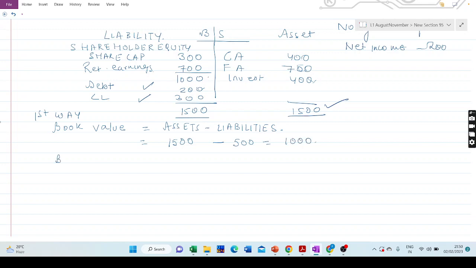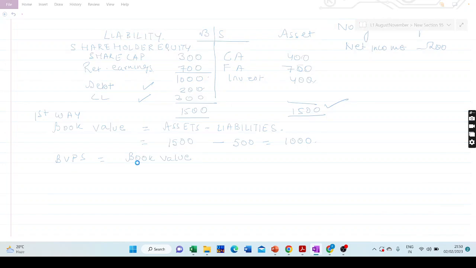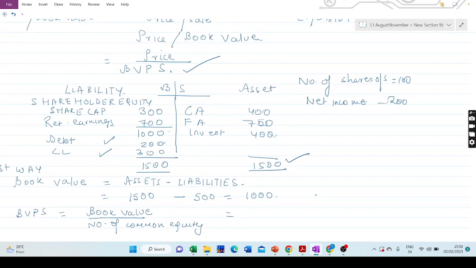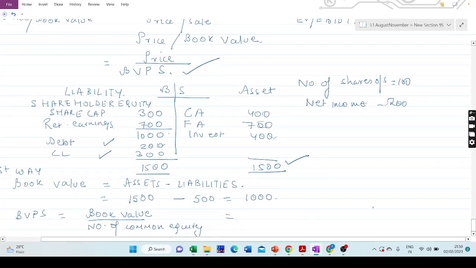Now how will you calculate the book value per share? You will divide book value by the number of common equity shares outstanding. How many common equity shares were outstanding? 100.